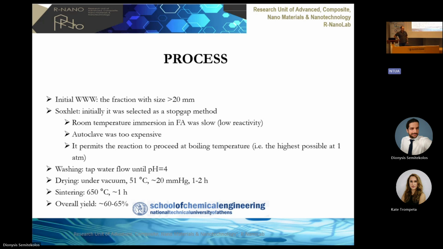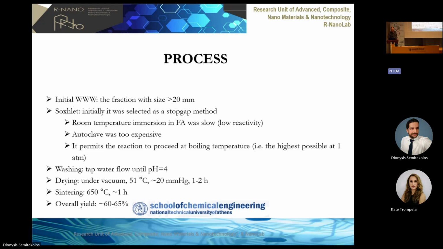The advantage of using formic acid was that it could dissolve any kind of matrix we had. So in the end, we received the final material. However, we had to go through sintering because there was still a small amount of organic material that was not removed, so we had to burn it out.